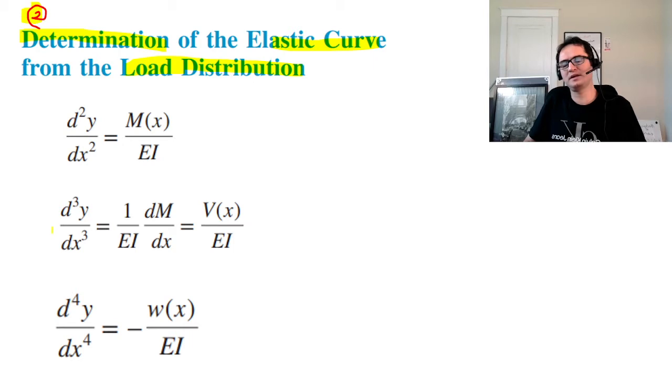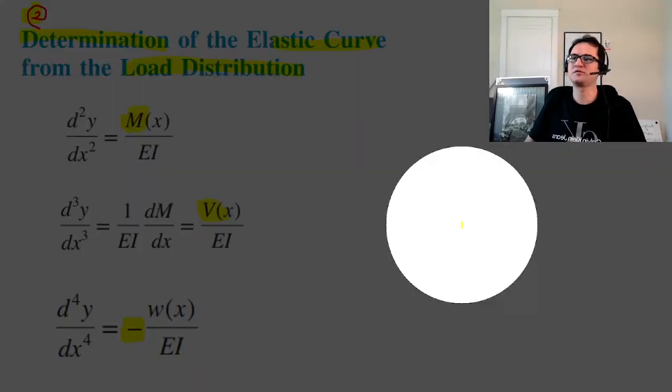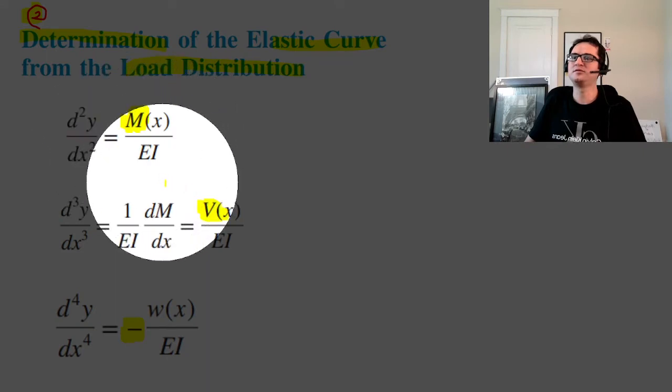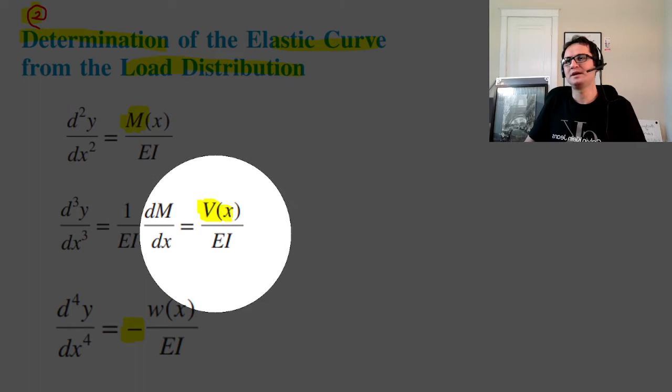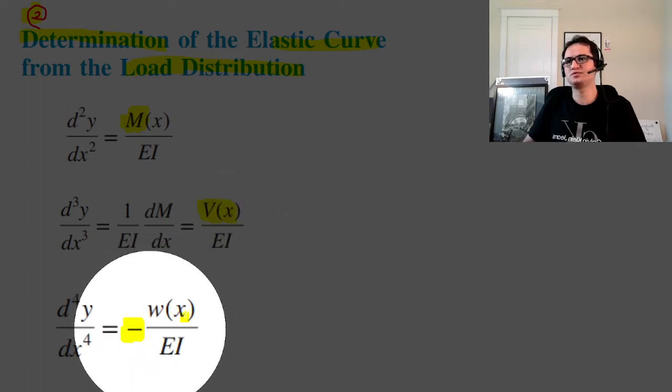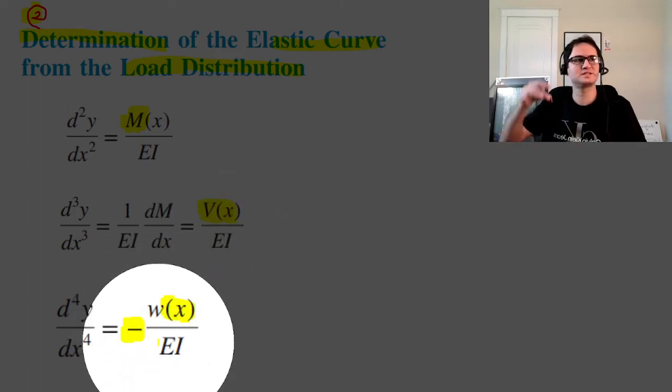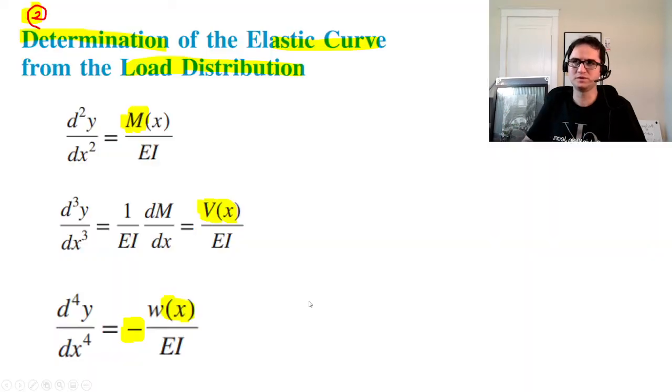If you differentiate once more, you reach w. So the derivative of moment gives you shear, and the derivative of shear gives you w, and the negative just indicates the downward direction of the load.